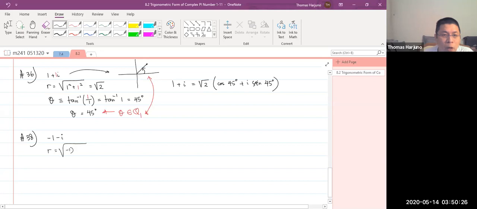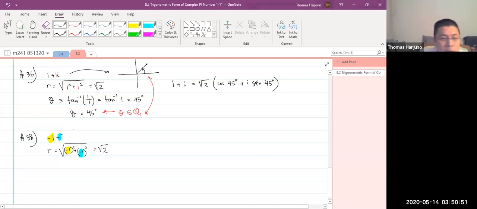That's negative 1 squared plus negative 1 squared, right? That will be square root of 2.